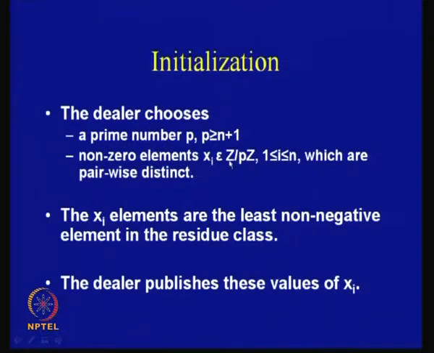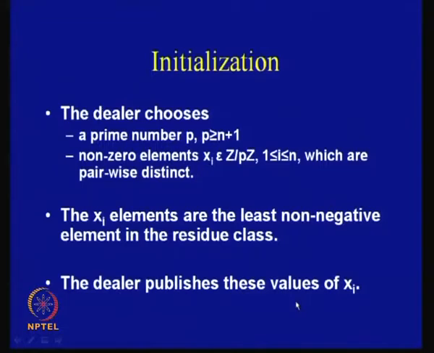This pairwise distinctness is because we wanted the Vandermonde matrix to have a non-zero determinant. The xi elements are the least non-negative element in the residue class of Z_p, so they vary from 0 to p minus 1, and the dealer publishes these values of xi.